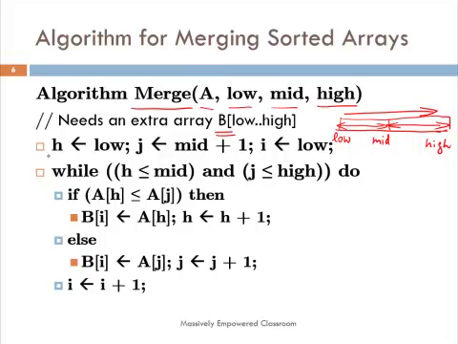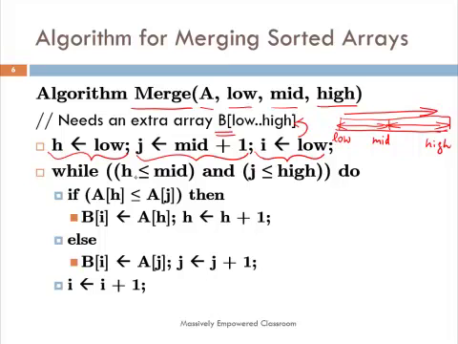So we keep a pointer h pointing to the first part of the array, a pointer j to the second part of the array, and a pointer i that is going to point to the array B, where we are going to copy the elements.